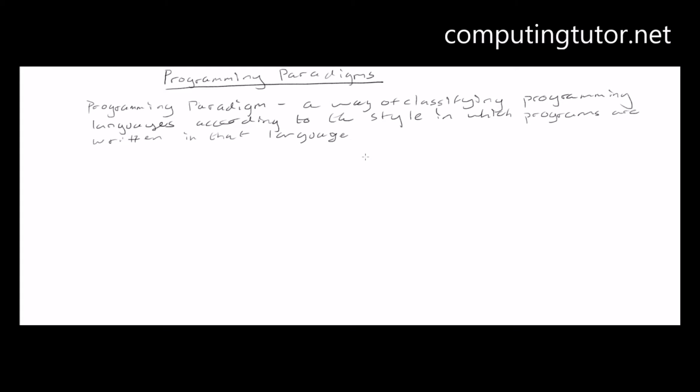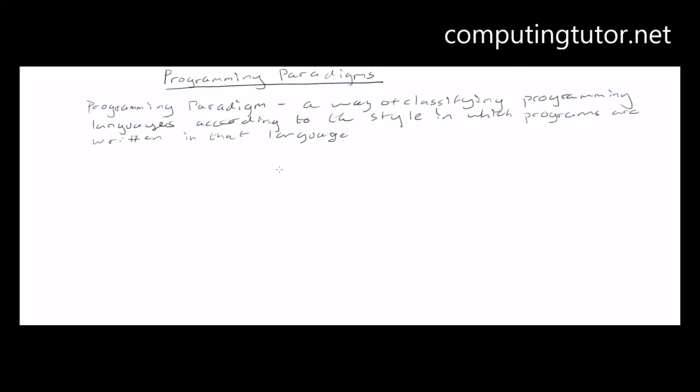You've got some programming languages which will only be supporting one programming paradigm, and they can be classified using a single programming paradigm. Whereas others can be multi-paradigm, and that is where that programming language supports multiple programming paradigms.